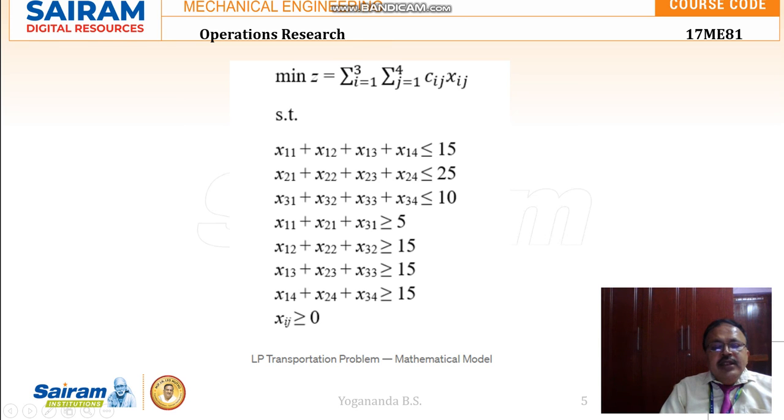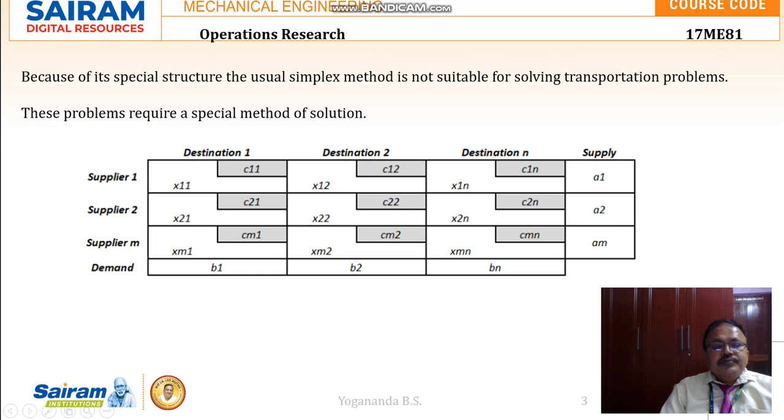Similarly, we will write the summation x11 plus x21 till xm1 should be less than or equal to b1, whether this particular destination gets supplies from supplier 1 or 2 or supplier number m.